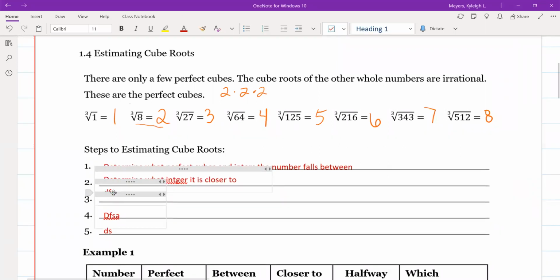All right, the third step is to use that to determine if it is above or below the halfway root.